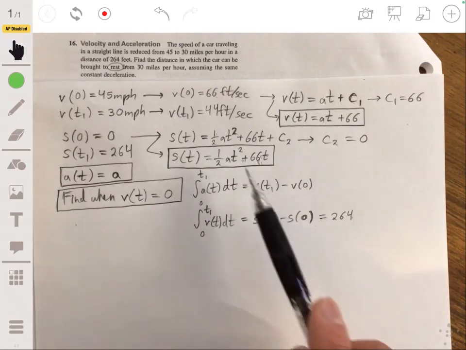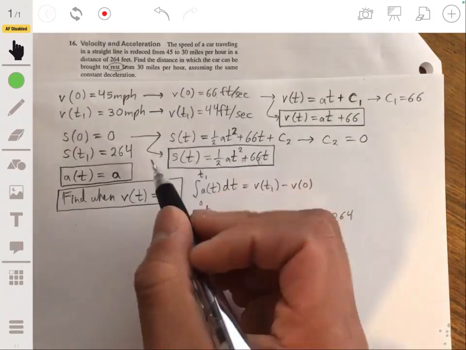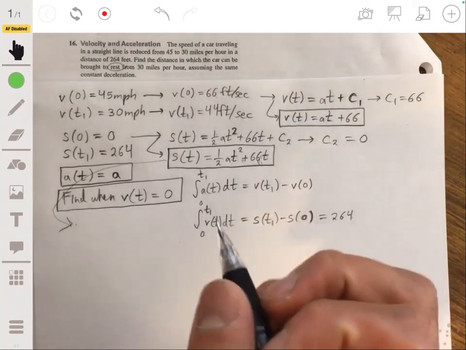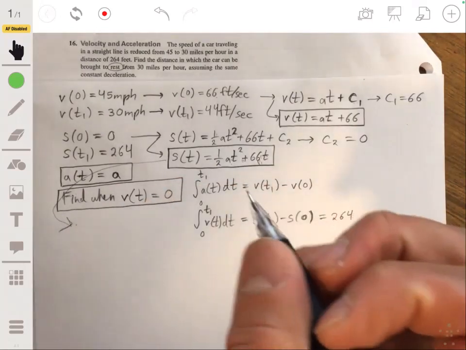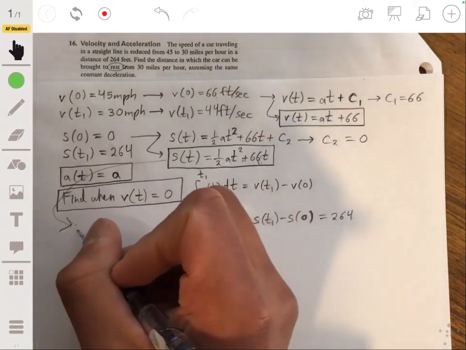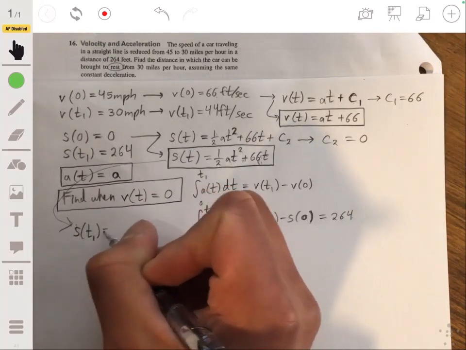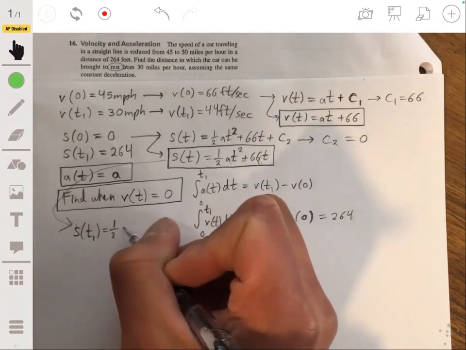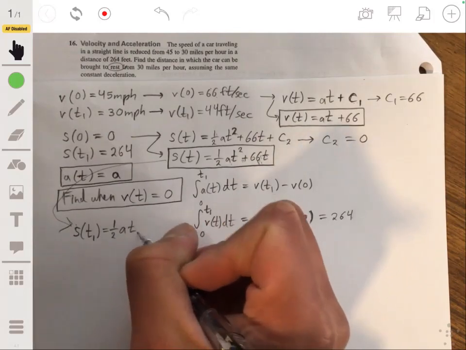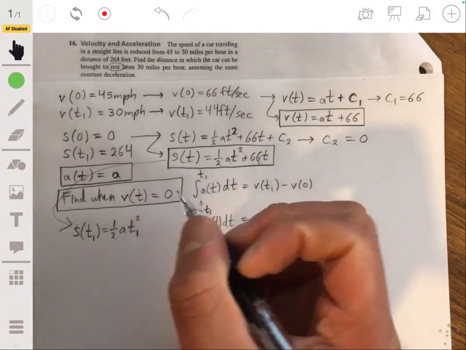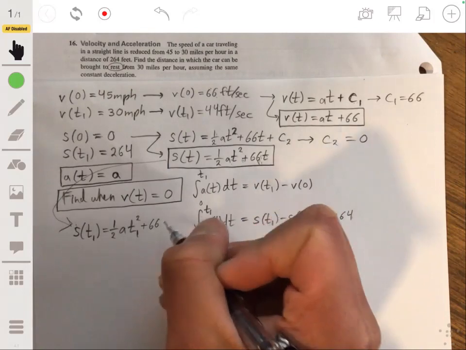We're going to make t into t1 here. So s of t1 is equal to 1/2 a times t1 squared plus 66 times t1.